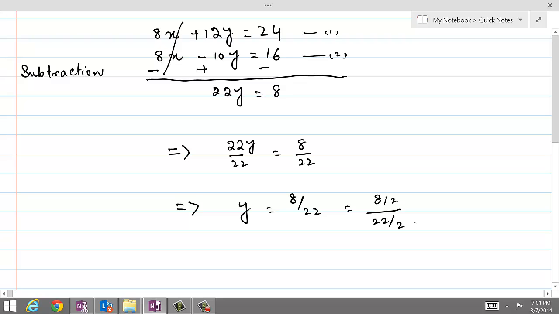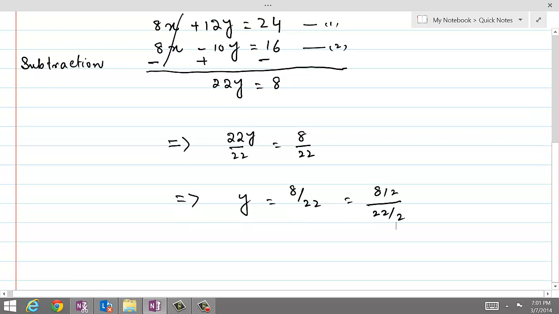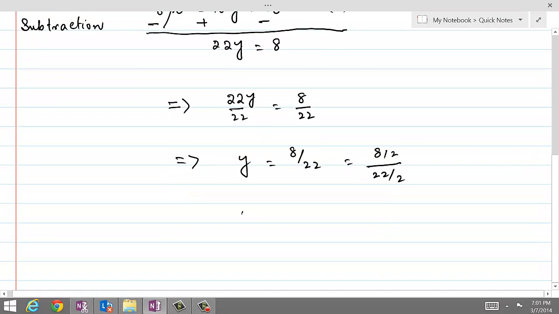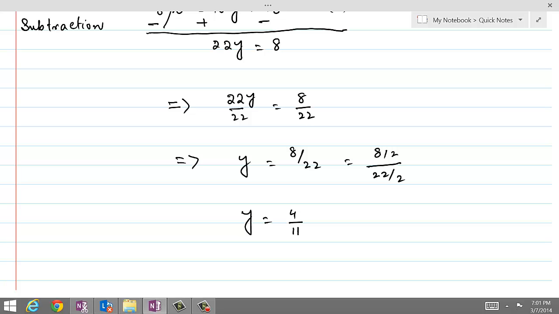If you divide the numerator and denominator by the same number, that doesn't change it. It's just an equivalent fraction. So y in simplest form will become 4 over 11. We are not going to substitute because we are using an elimination strategy.